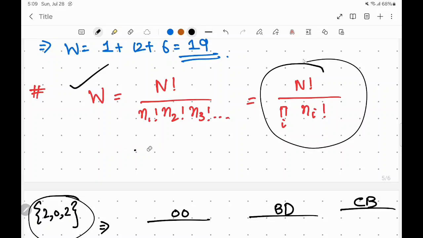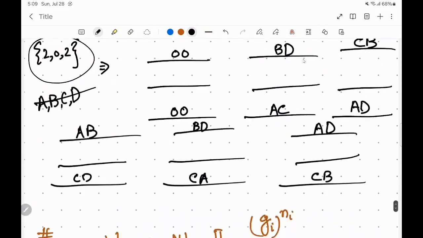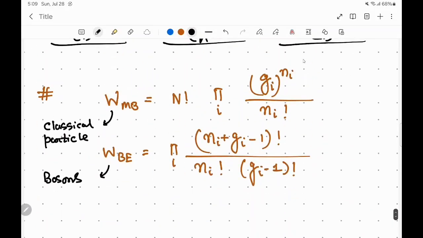And if there are, let's say, two groups, N1 and N2, for each group the number of orientations will be N1 factorial, N2 factorial. So if you find the number of ways by which you categorize the groups, obviously you have to divide. So this is not a very straightforward derivation, but you can feel the derivation. But for these cases, the derivations are very tricky because you have to consider that fact.